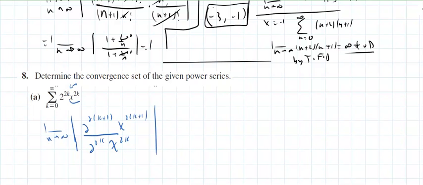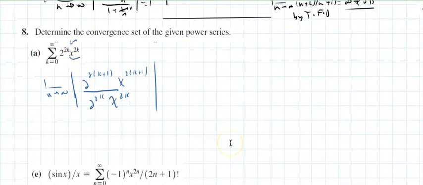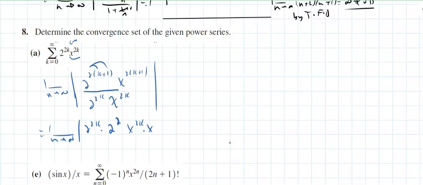And here if you reduce it a bit, you'll notice this is the limit as n approaches infinity of 2 to the 2k times 2 squared, because you distribute that in. That's the part you want to be careful with here. That's x to the 2k times x squared, not x. The bottom is 2 to the 2k, x to the 2k.